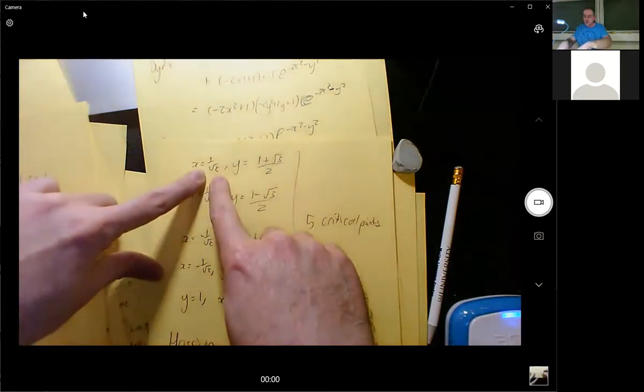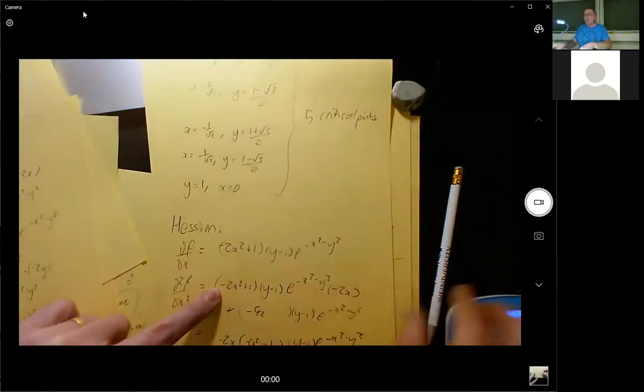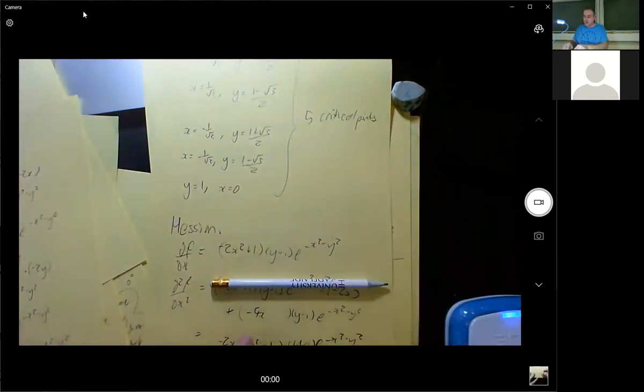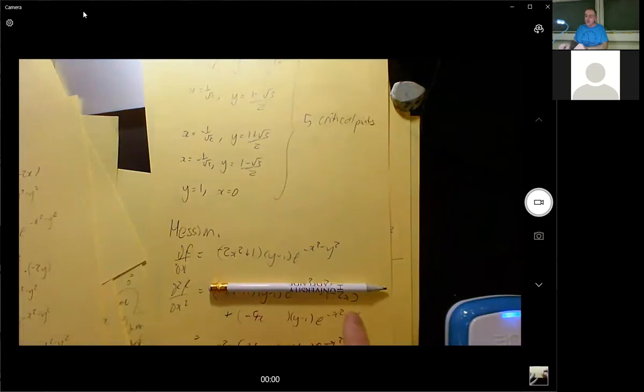If x is 1 on root 2, then this bit comes out to 0, which goes away. And then I'll get 1 on root 2, I'll get a negative number for this, for my final answer. And so it's going to come out to be a local maximum because the second derivative is negative.